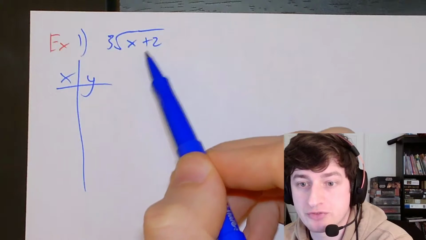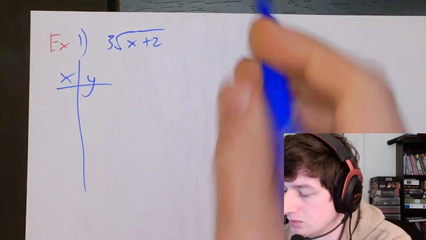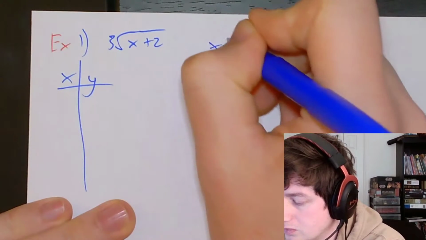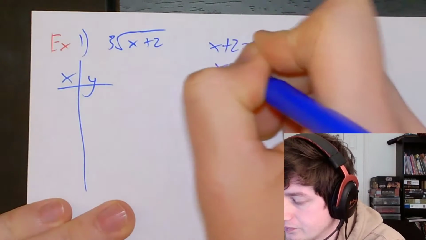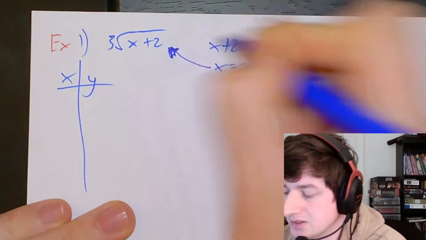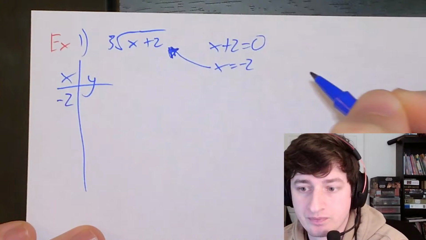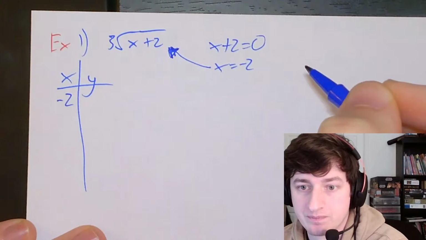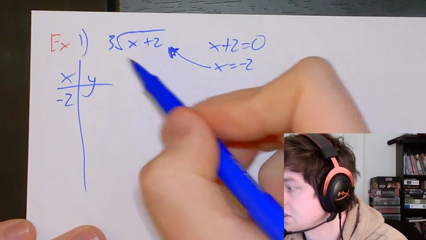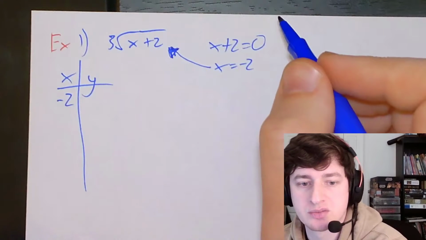Right? So my first x value is actually going to be what turns this into 0. That turns the inside into 0. So that's my starting value. Okay? Because whatever turns this into 0, that's going to give me the vertex piece.